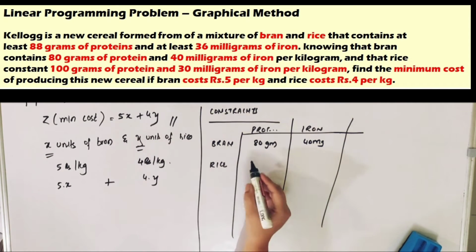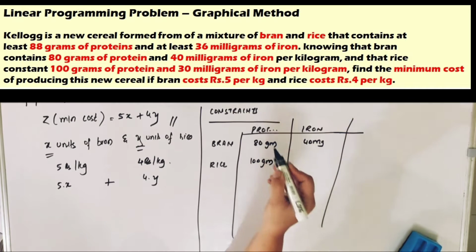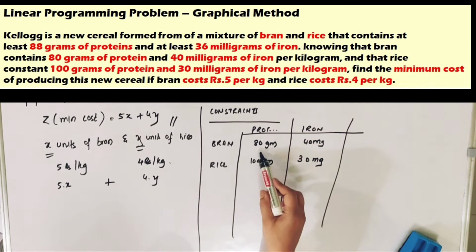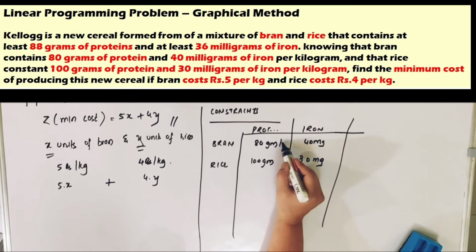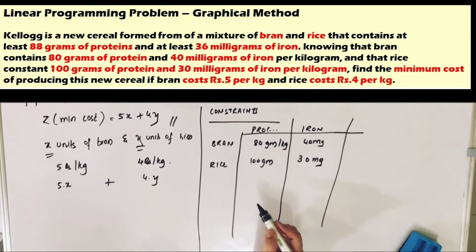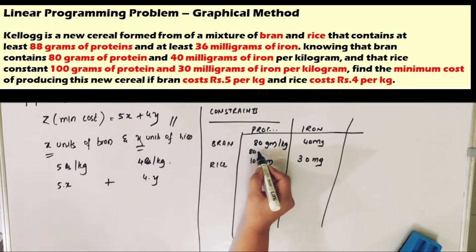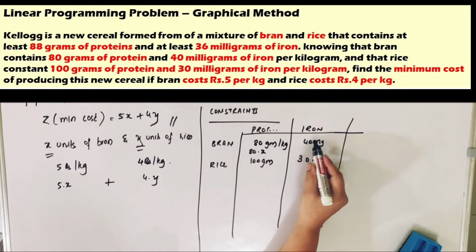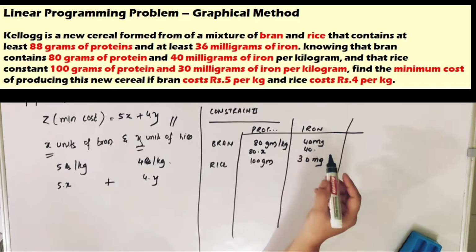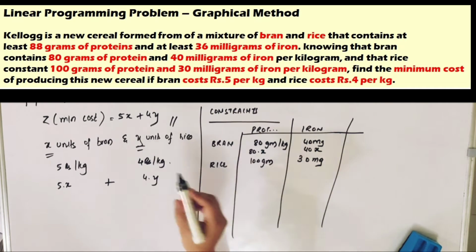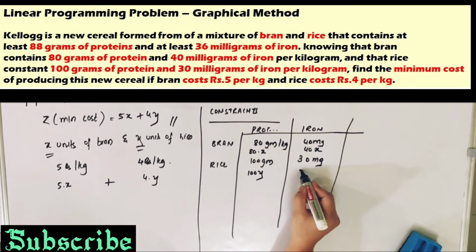And for rice, there are 100 grams of protein and 30 mg of iron. Now this 80 grams is per kg, right? So for X units of bran, it's going to be 80 into X, and 40 into X for iron. For rice, which is Y, it's 100 into Y and 30 into Y.